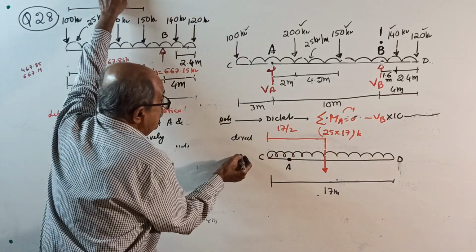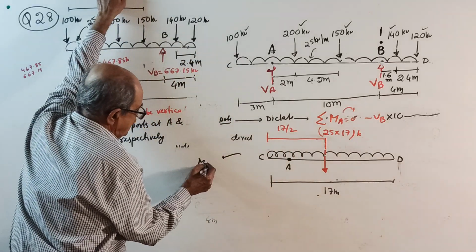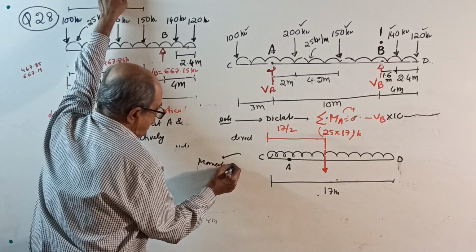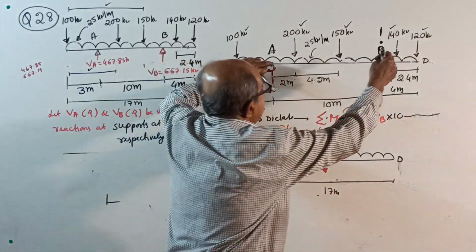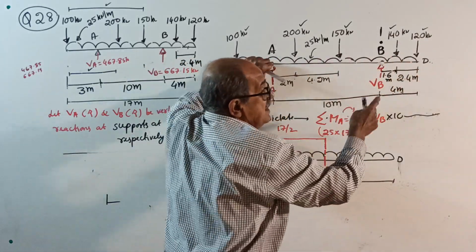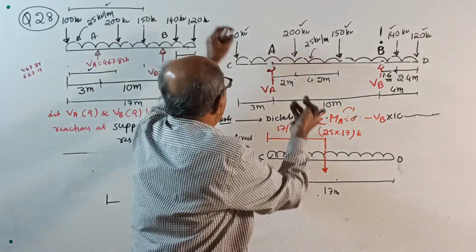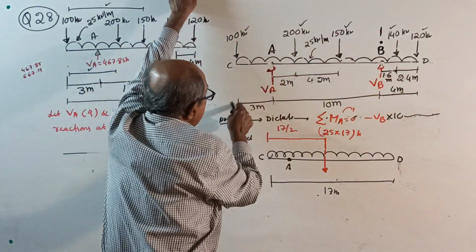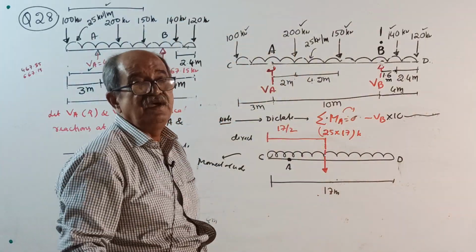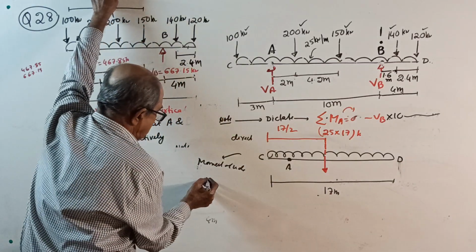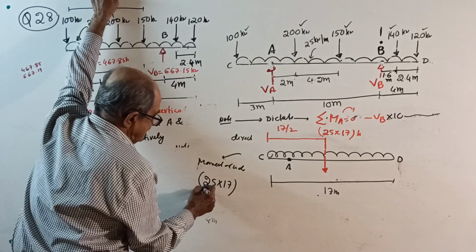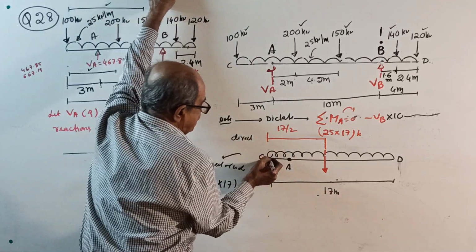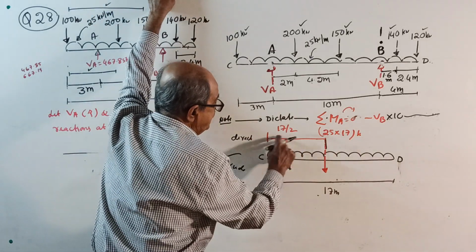Therefore, when you consider moment of UDL, you write there, moment of UDL. Last time we took 25 into 14 into 14 by 2 clockwise minus 25 into 3 by 2 anticlockwise. Instead of that way, you can write 25 into 17 into, see, from C the resultant load is at 17 by 2.